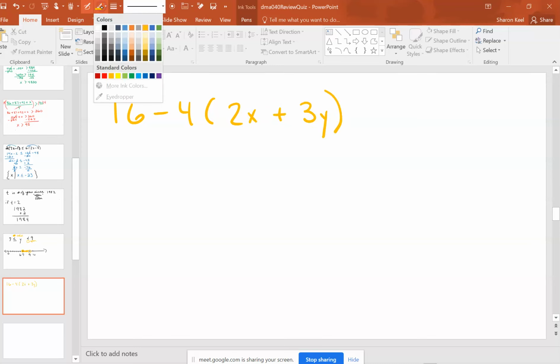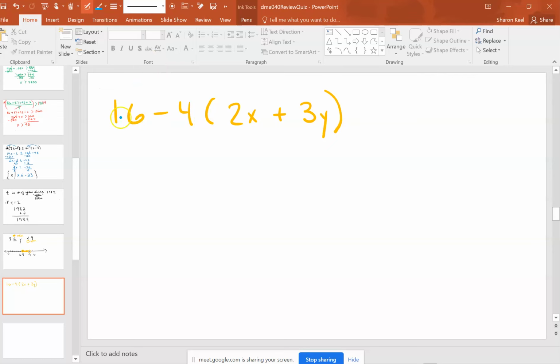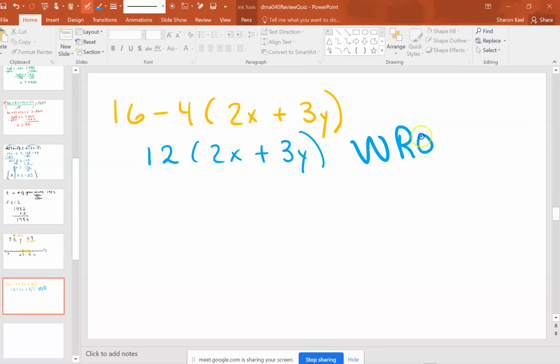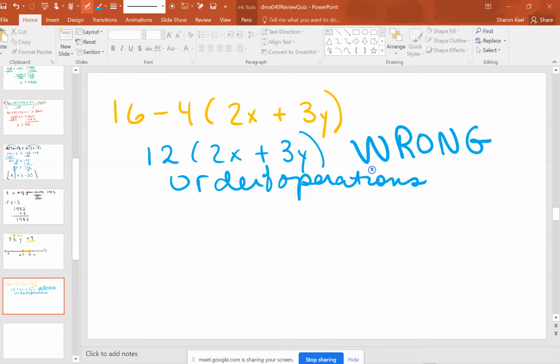The common mistake that people make, and this is completely wrong, is if somebody says 16 minus 4 and uses 12 and then tries to continue, that is wrong, because order of operations shows that you would multiply by distributing before you do the subtraction. So if you are inclined to do this, please do not do so. This would be completely inaccurate.